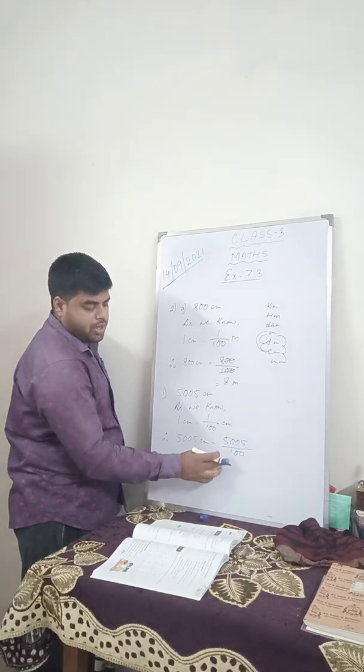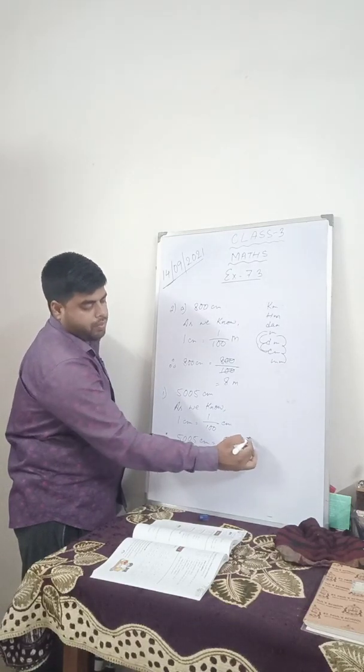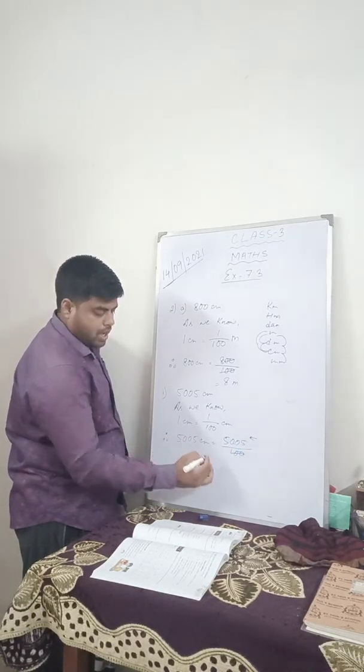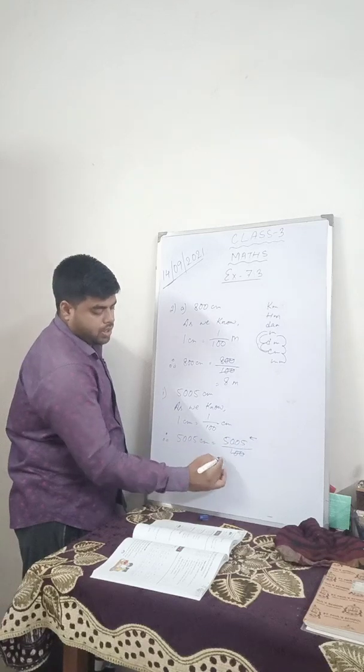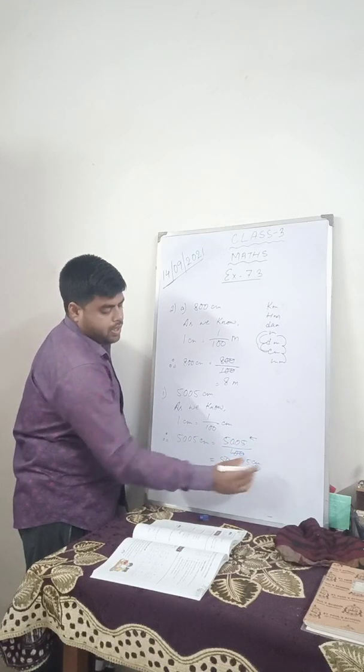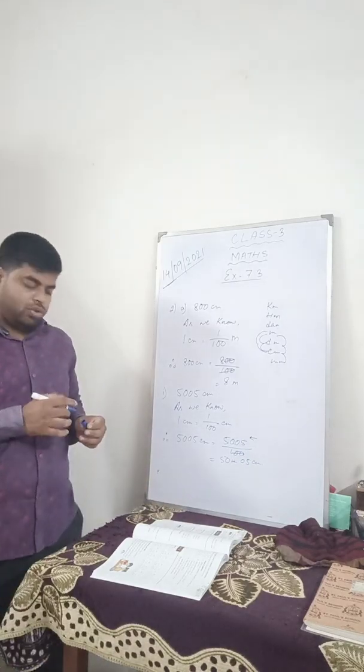So you count how many zero you have, 1, 2, strike off, and from the back 1, 2 you count and put a decimal. So whatever you have in front is the bigger unit, that is 50 meter, and you have 50 centimeter. So I hope all of you have understood this, children.